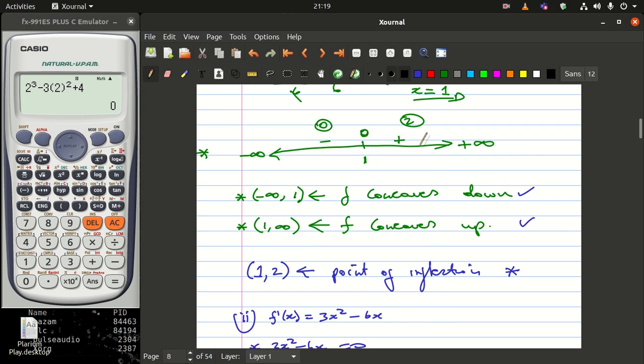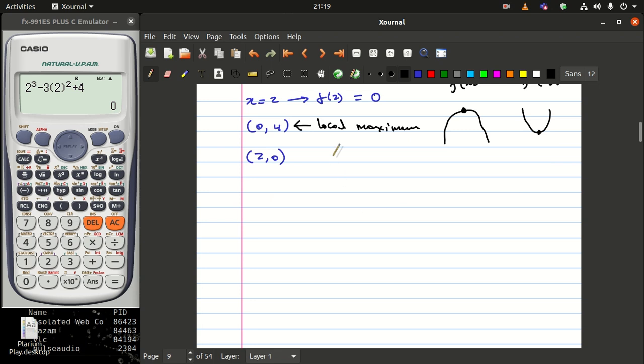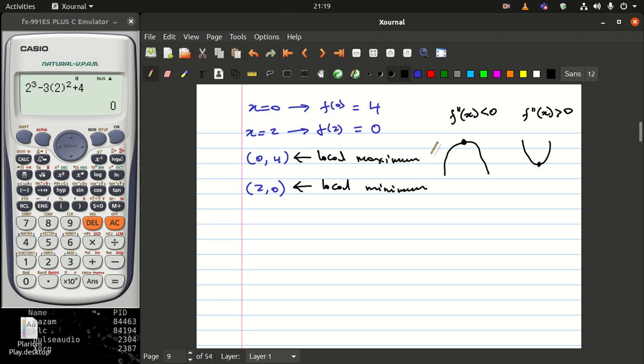For values that are bigger than 1, we have concave up. In other words, we're supposed to end up having a local minimum. I hope you can see what is happening here. That is what we use the second derivative test for. What is important here is that this value falls in the interval.